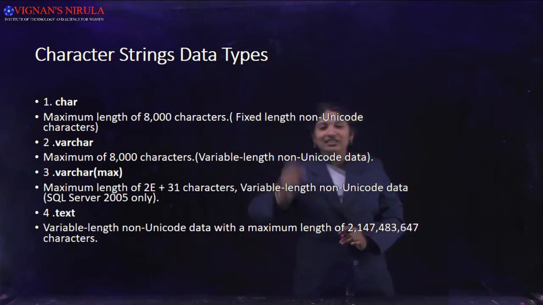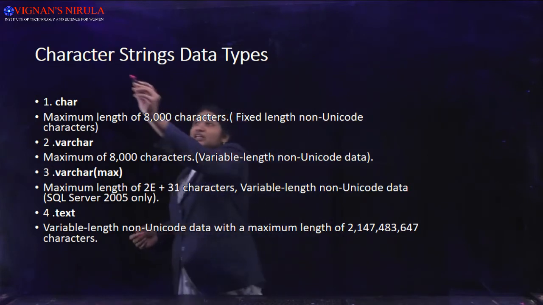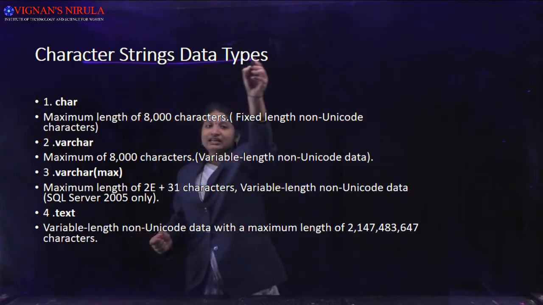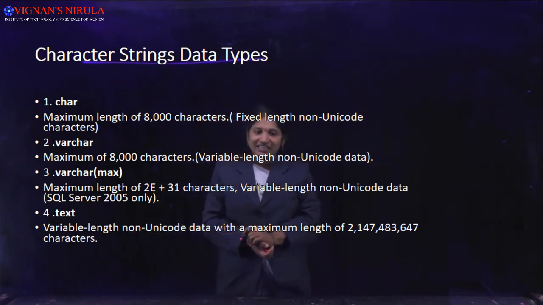The first type of familiar data types available in SQL are character data types or string data types.